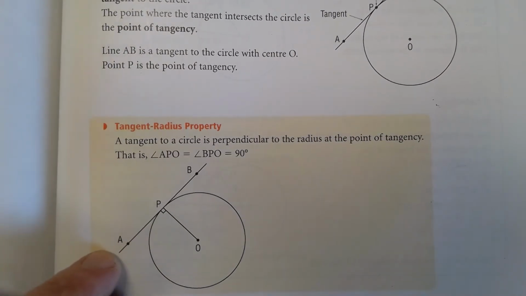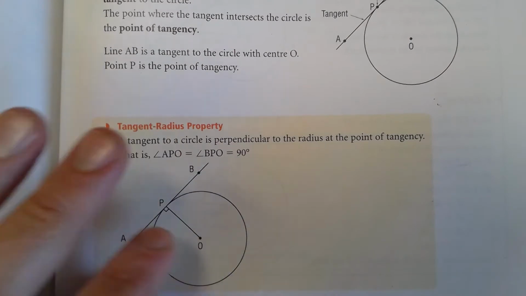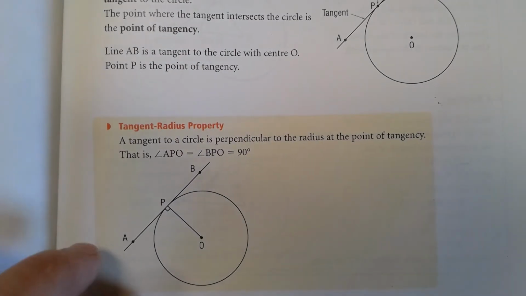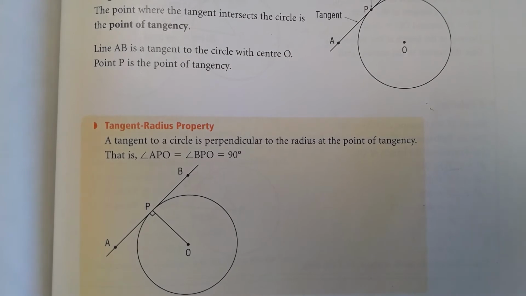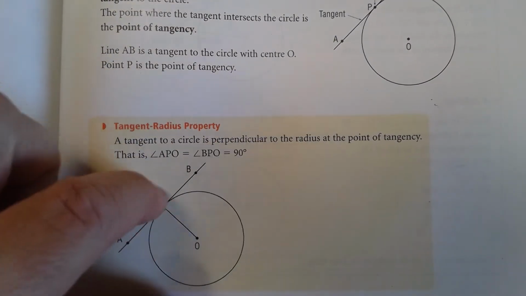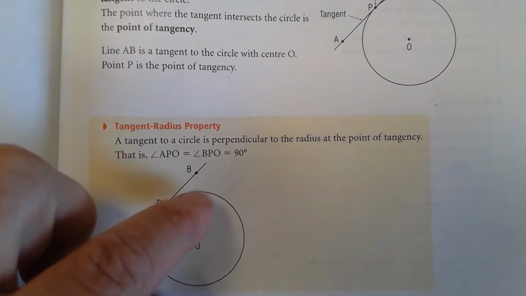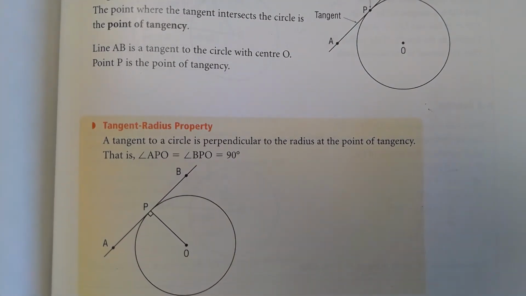So here we say that APO and APB make a 90-degree angle with each other when they come together. This is 90, this is 90. In both directions, it's a 90-degree angle. And that's what happens every time a tangent intersects a radius.